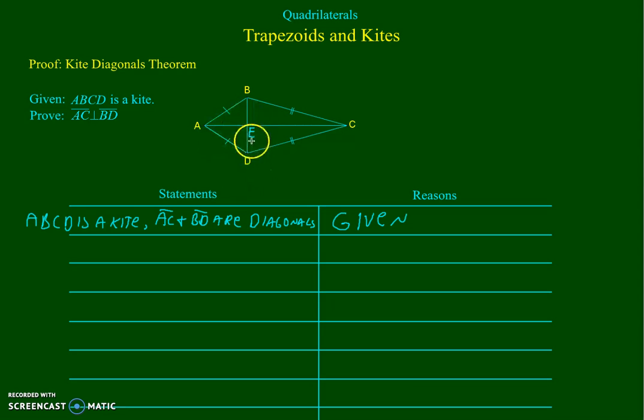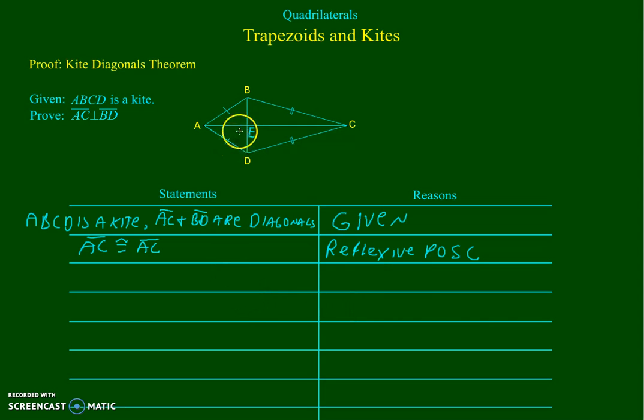and we'll begin. So first thing, AC is congruent to AC, and that's the reflexive property of segment congruence.